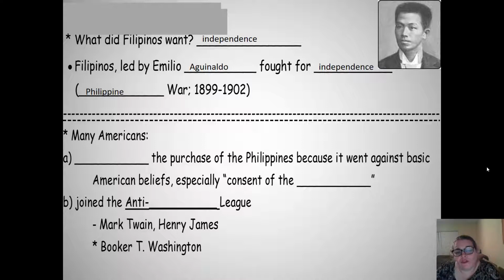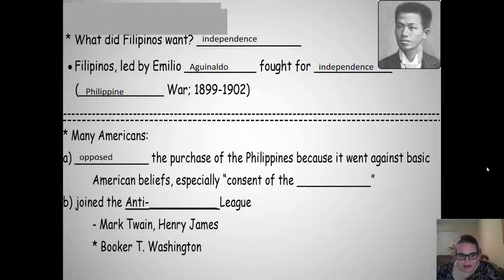So that Philippine War from 1899 lasts longer than the Spanish-American War does. Mostly because the Filipinos are fighting for their home territory, and the Spanish were fighting for a colony. And you always fight a little bit harder for your home territory. That's why the South kept in the war in the Civil War so long. They didn't want to give up their own homes.